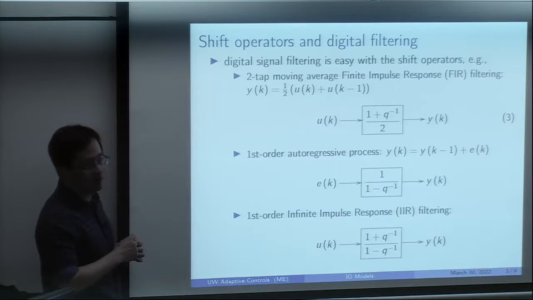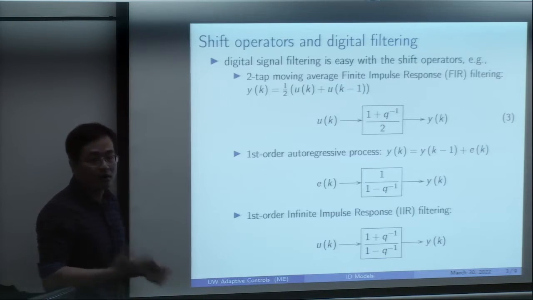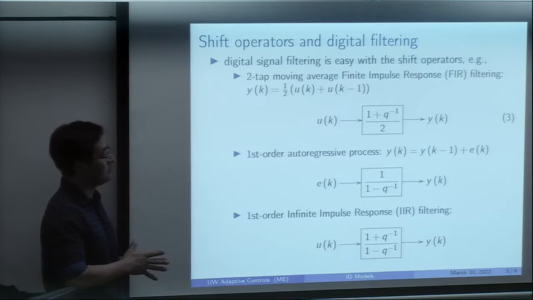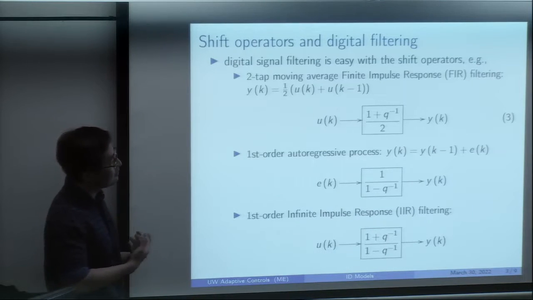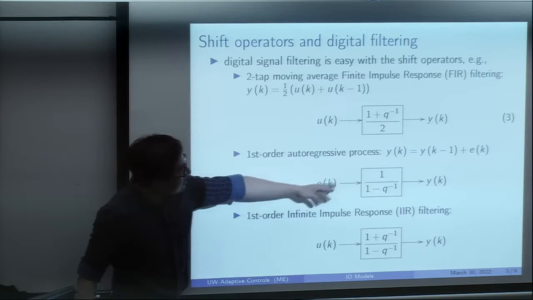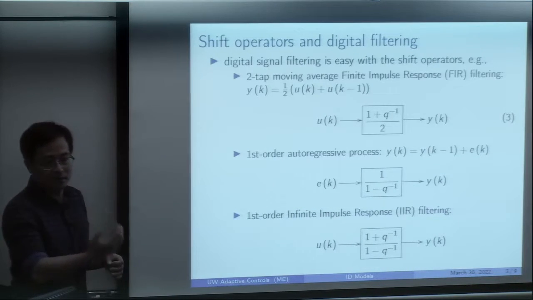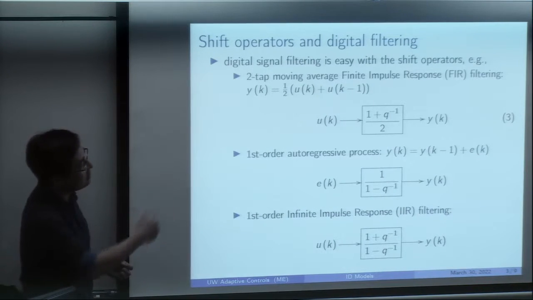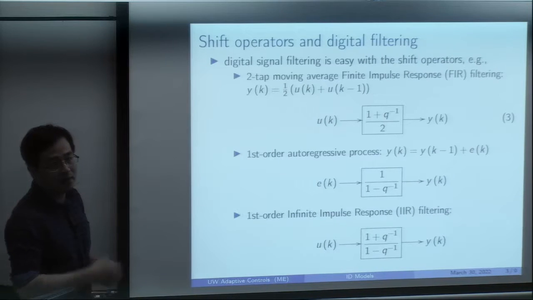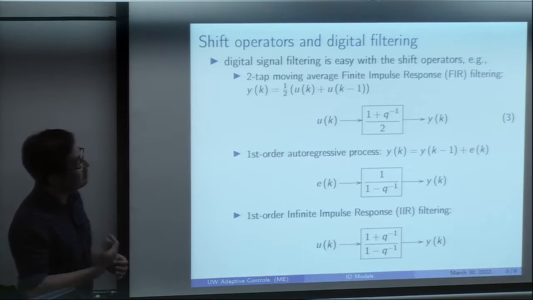You will hear people very often say autoregressive process. Autoregressive means the output y_k autoregresses, so it depends on y_{k-1}. It is actually an accumulation of the signal.